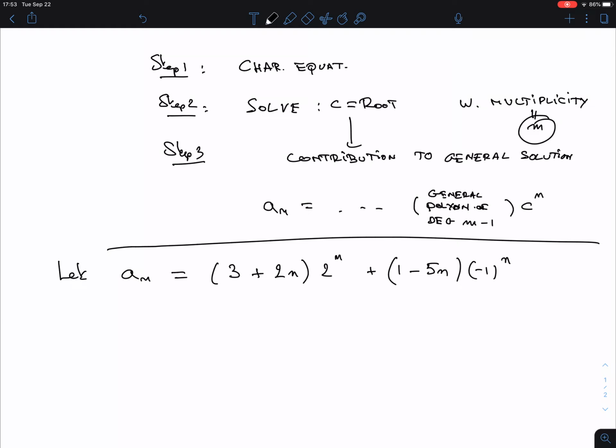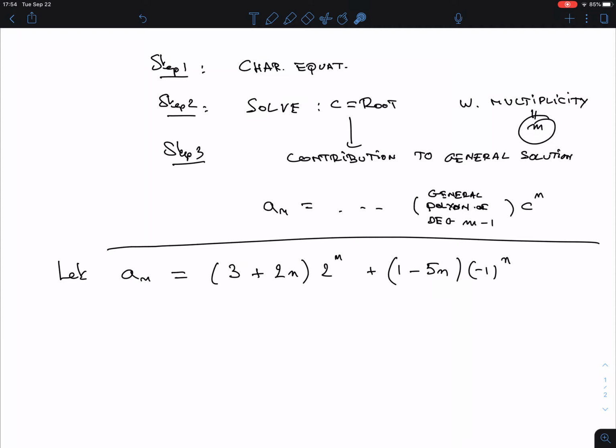This is no longer a geometric sequence, right? But you see the 2 to the power n is there, and it looks like the original form. It looks like a special form here, right? There is this exponential part, that is this one here and this one here. And then there is this polynomial part, that is these guys and these guys.